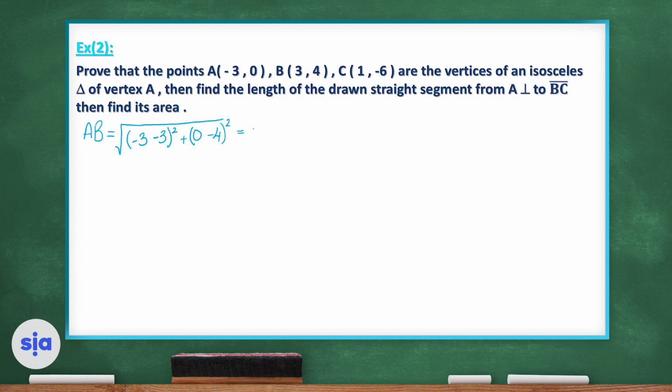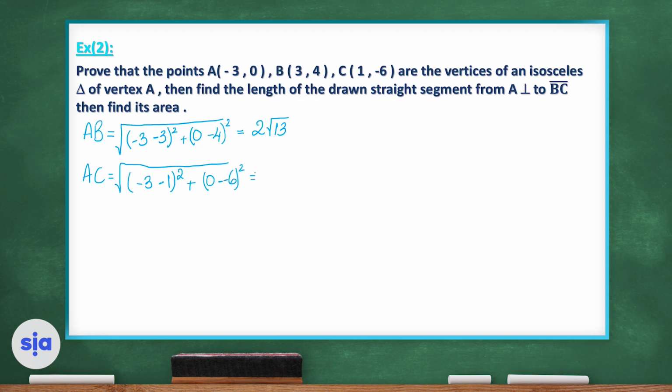The answer will be 2 square root of 13, where AC, we find it by the distance formula as well, -3 minus 1 all squared plus 0 minus -6 all squared.